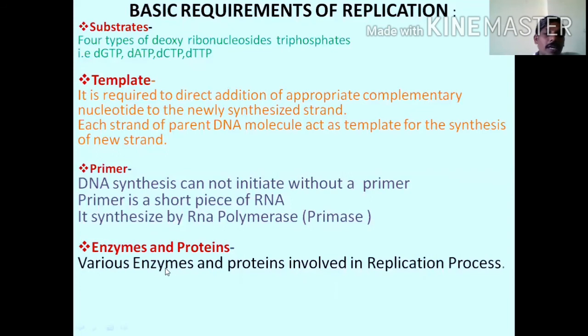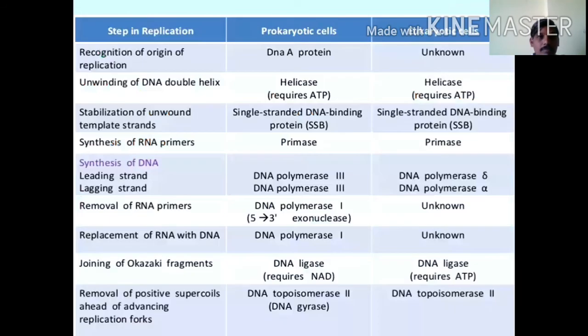Next one is enzymes and proteins. Various enzymes and protein molecules are involved in the replication process. We can discuss further here how different types of proteins and enzymes perform their functions in the replication process.